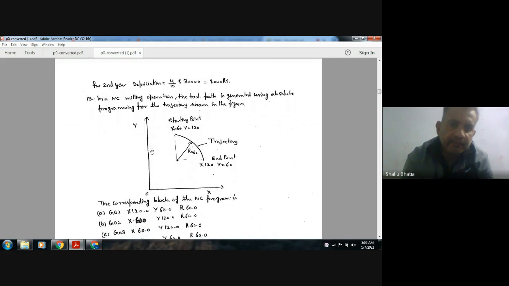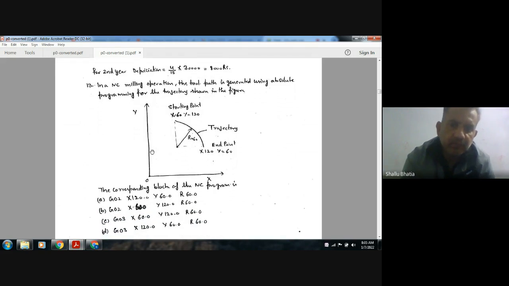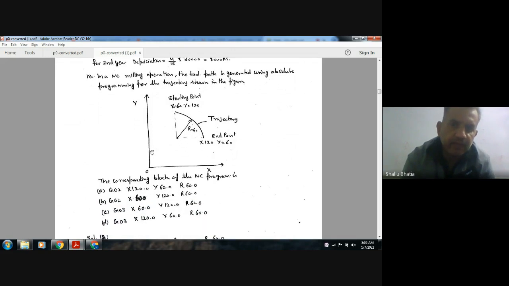In an NC milling operation, the tool path is generated using absolute programming, with the coded trajectory shown in the figure. This is the trajectory, with radius R 60, and the points X 60 and Y 120, and X 120 and Y 60. This is the starting point and this is the end point, so it is a clockwise rotation.